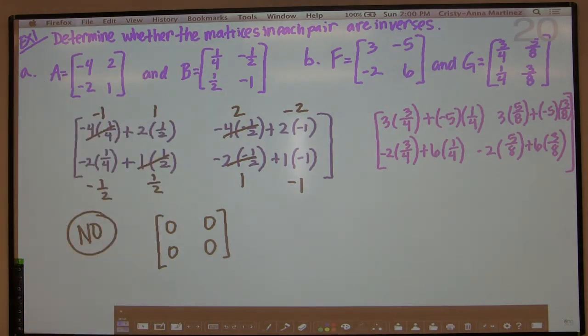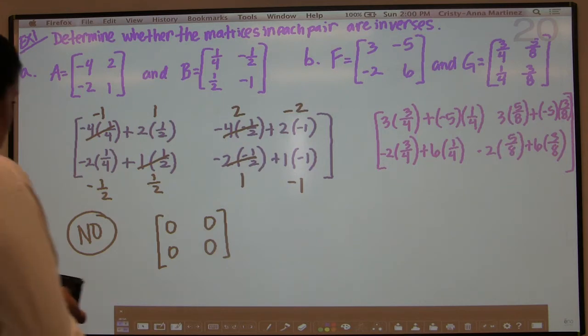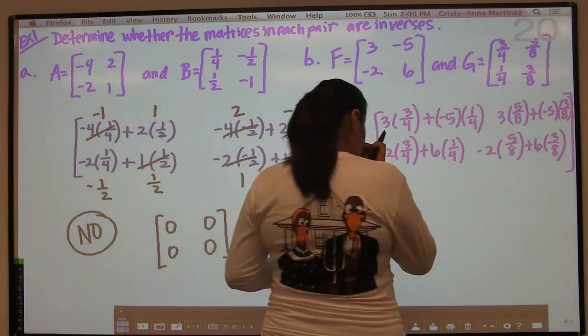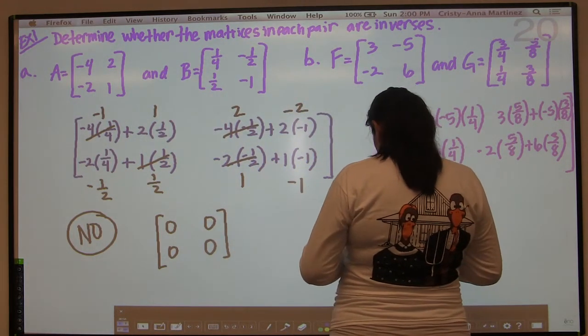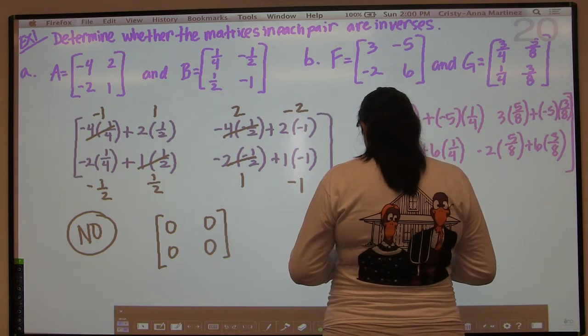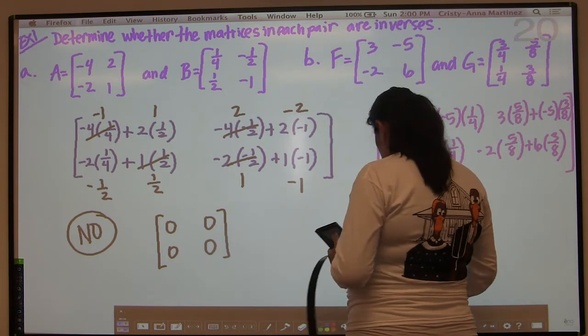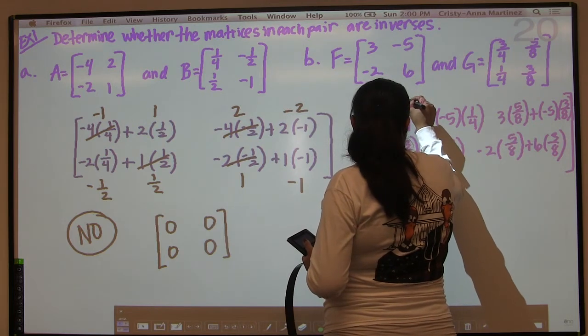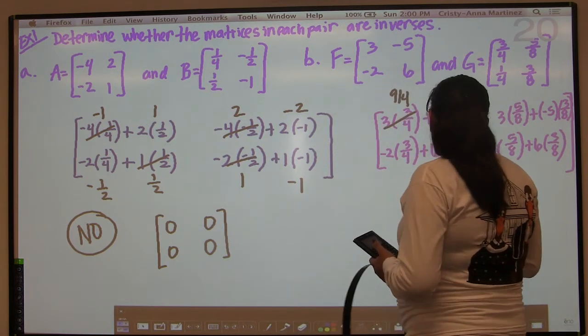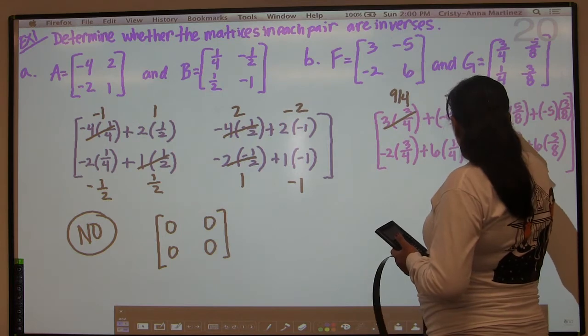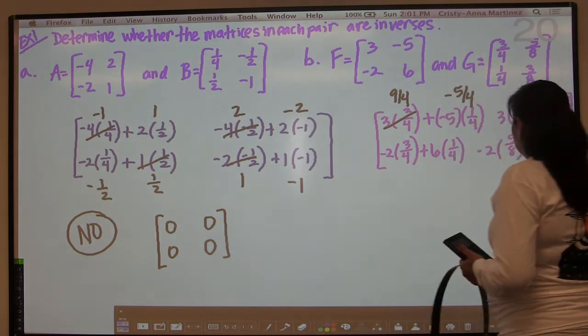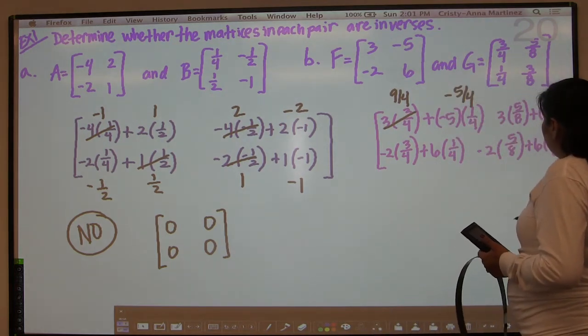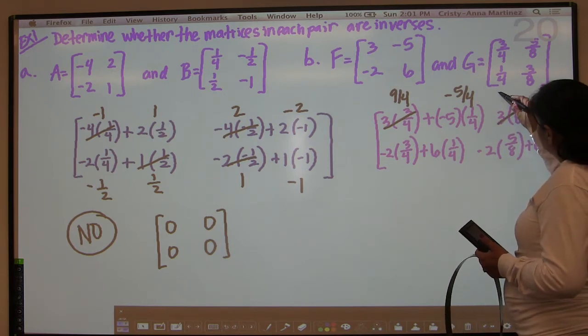we're going to simplify this little guy. So 3 times 3/4 is 9/4. So I want to come over here and put 9/4. -5 times 1 is -5/4. 3 times 5/8 is going to be 15/8.